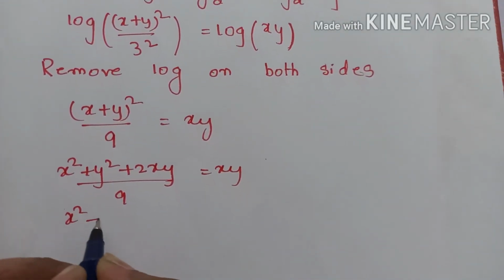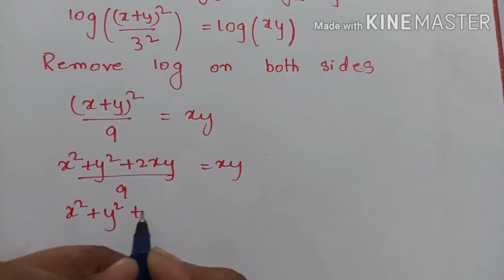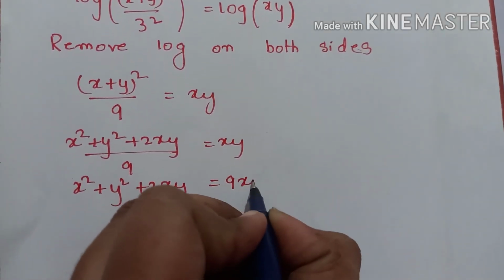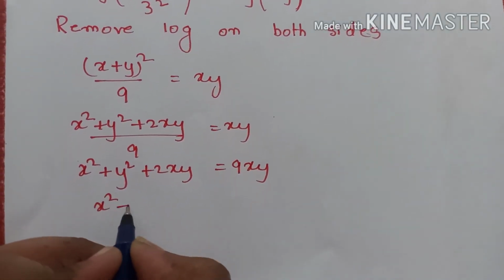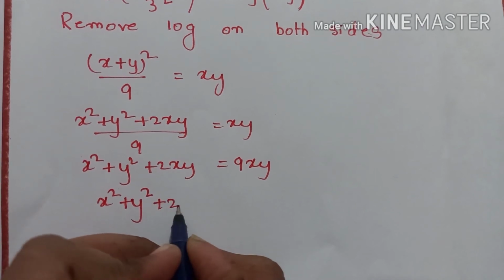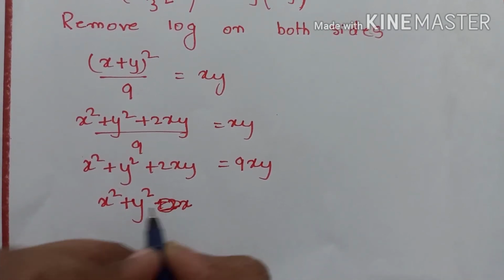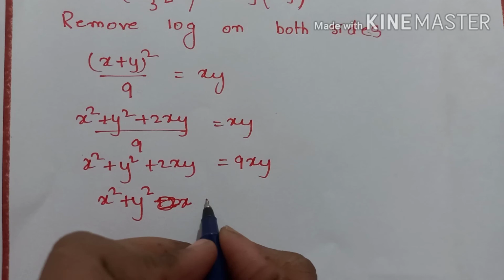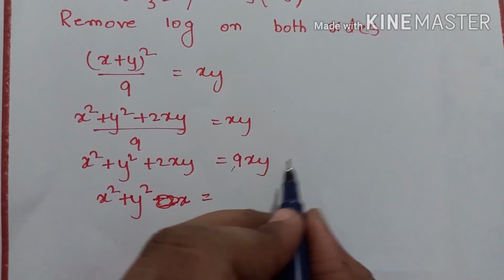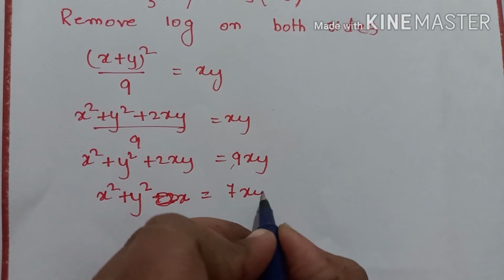So here it is x square plus y square plus 2xy equals 9xy, taking 9 to the RHS side. Now we have to take plus 2xy to the RHS side, which is 9xy minus 2xy, which is 7xy.